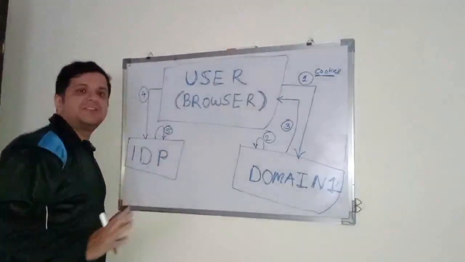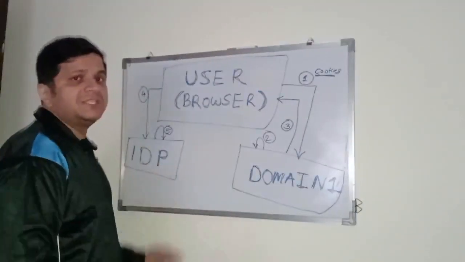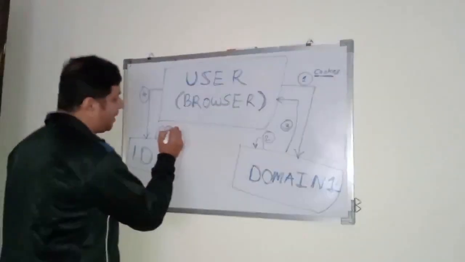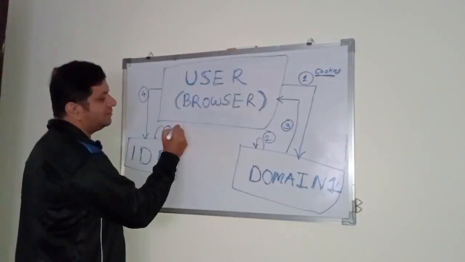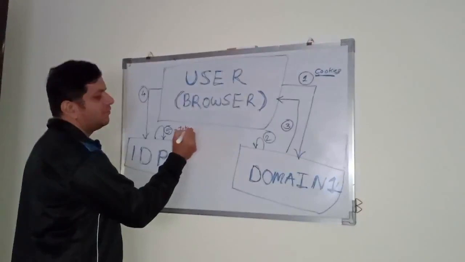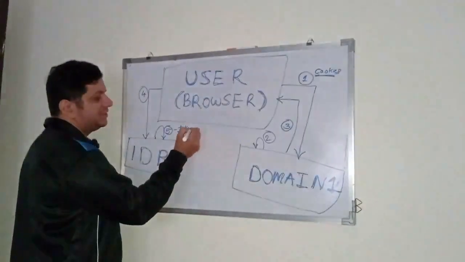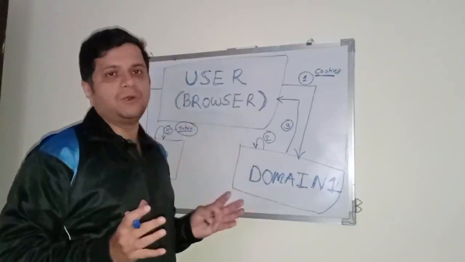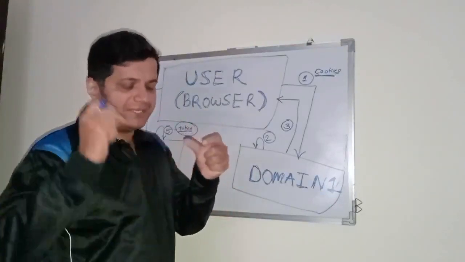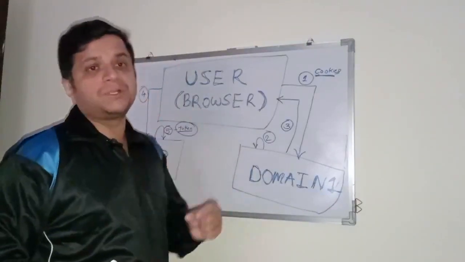The authentication happens, and let's say the authentication succeeds. As part of this, the IDP creates a token for the user, and this token is wrapped inside an envelope. So there is an envelope, and inside that there is a token.